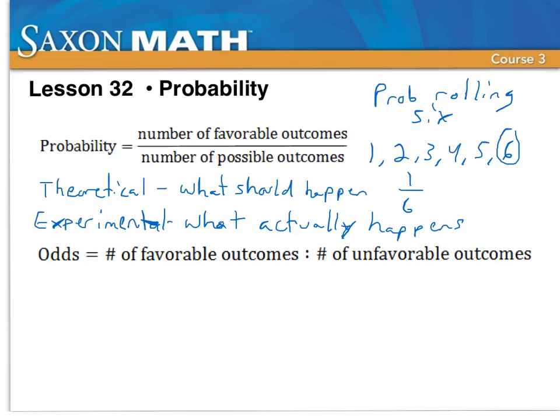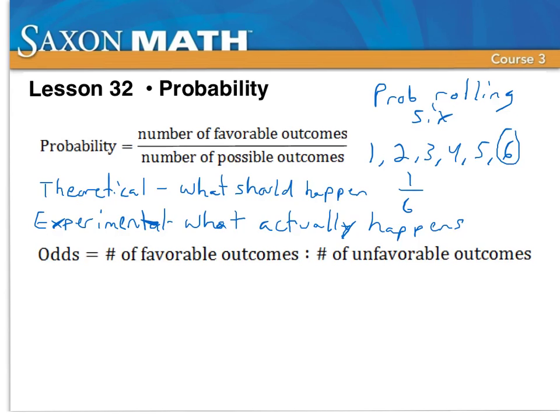Let's say I roll a die 6 times and I got 3 6s. The experimental probability is 3 out of 6 because I got 6s 3 times out of 6 possible things that could have happened. The theoretical probability is still 1/6. I should only get a 6 one of those times. Theoretically, that's what should happen.